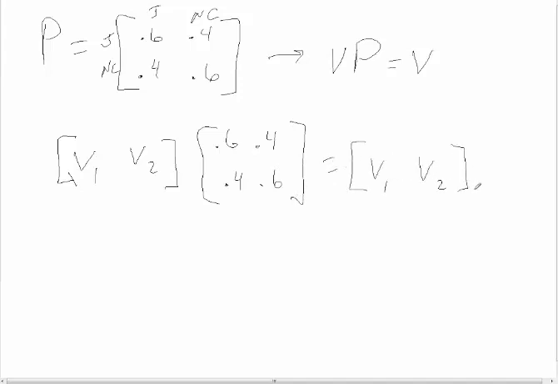the equilibrium vector. So doing our multiplication, the first row times the first column gives us 0.6 V1 plus 0.4 V2 equals that first element, and then the first row times the second column will give us V1 times 0.4 plus V2 times 0.6 equals V2.